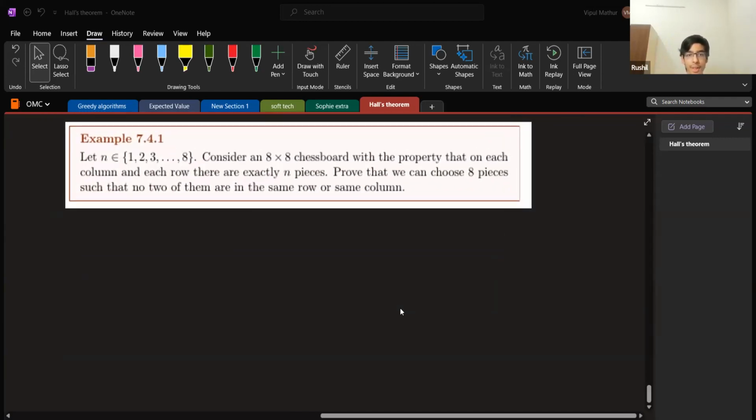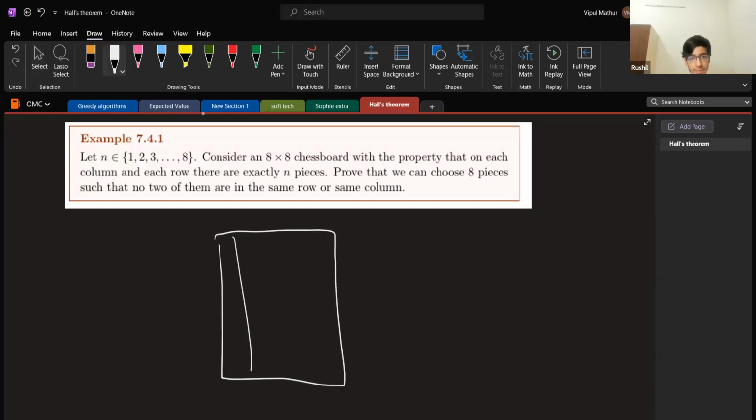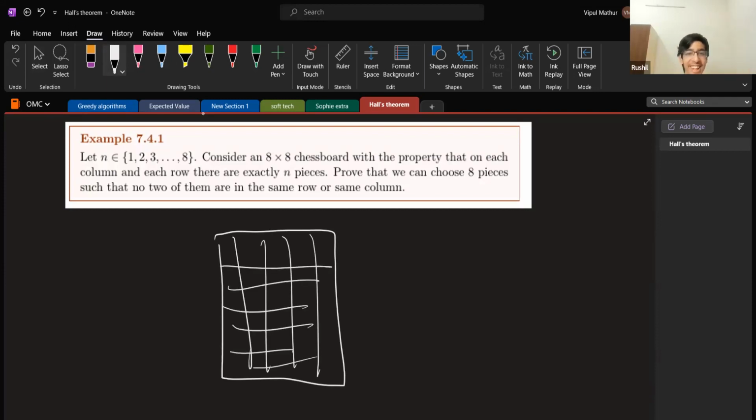Yeah, this is our problem, the third one for now. So basically we have a chessboard, an 8 by 8, just imagine.